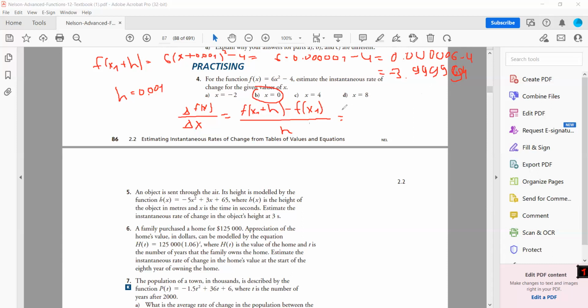So now I substitute these values in here. I would have negative 3.999994, subtract, but now I have negative 4 for f of x1, so I would add 4, and divide by 0.001.